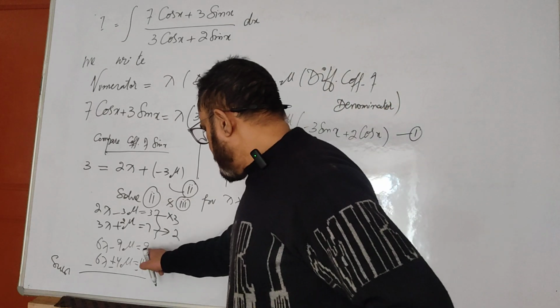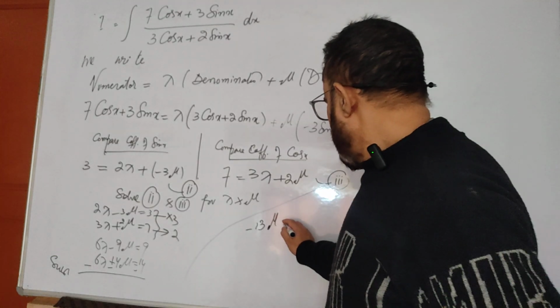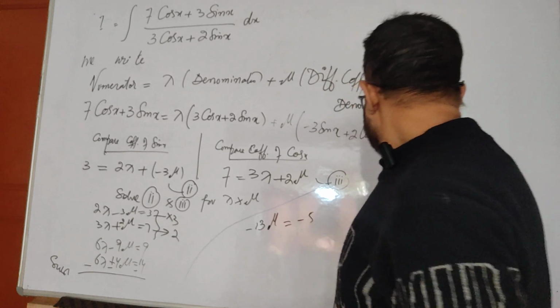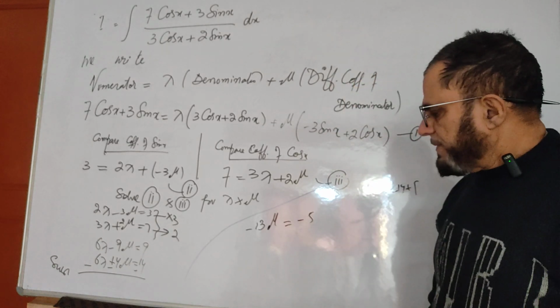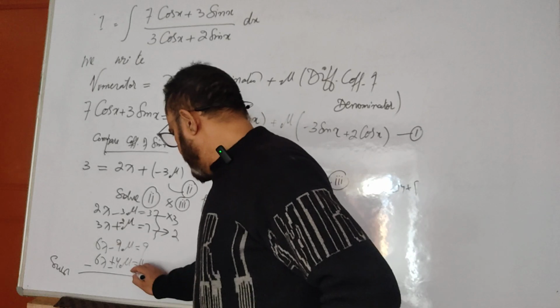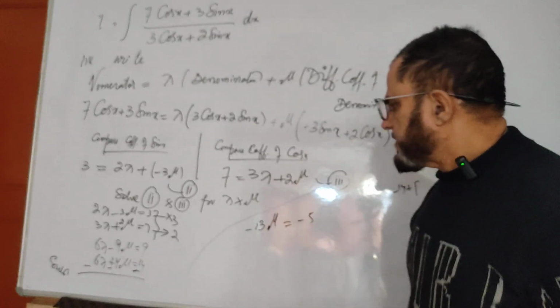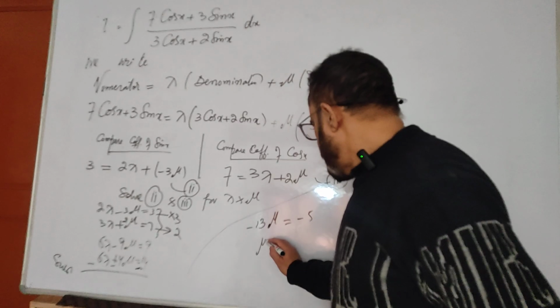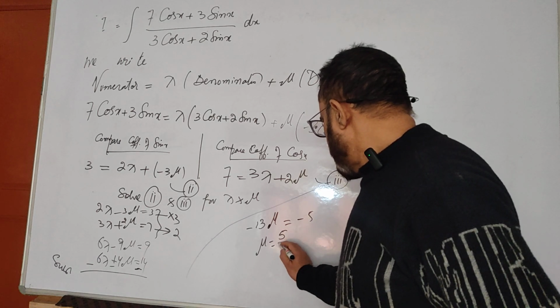On the left side, it is 9 minus 14, which is minus 5. Yes, it is minus 5. Minus 14 plus 9 is minus 5. And this gives you mu is 5 upon 13.